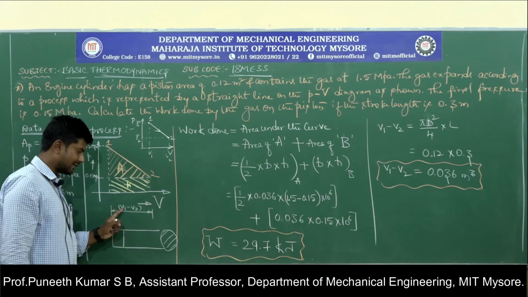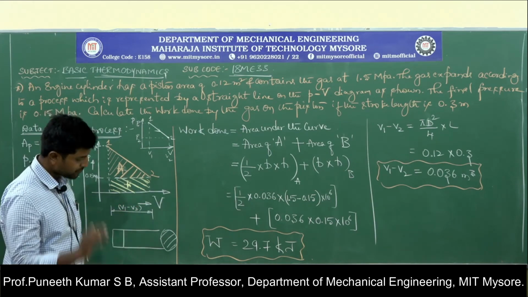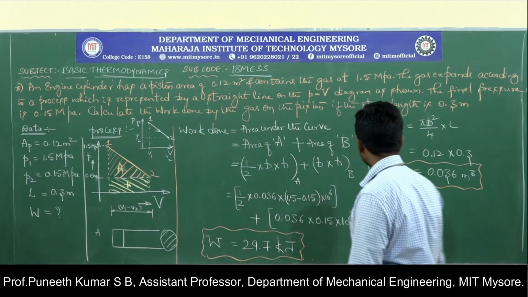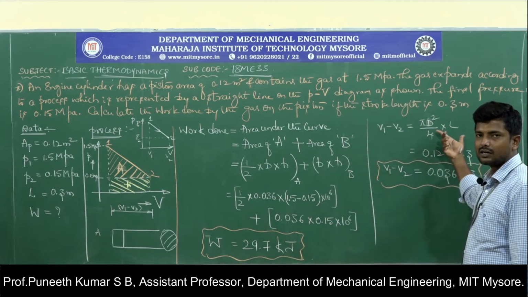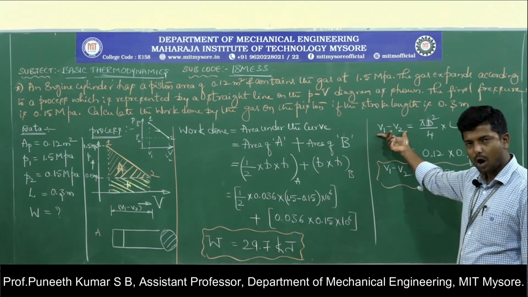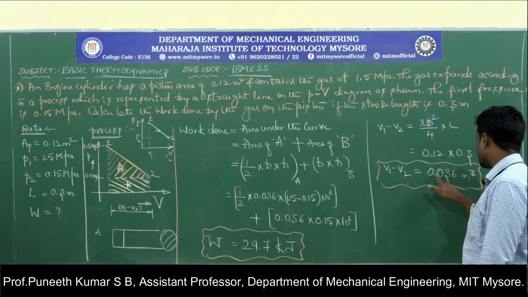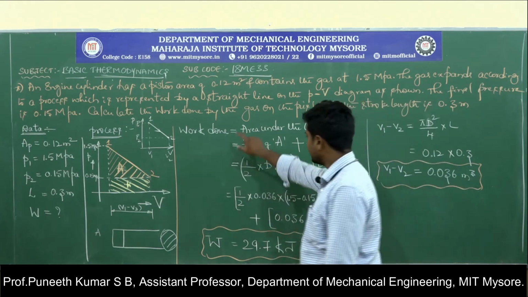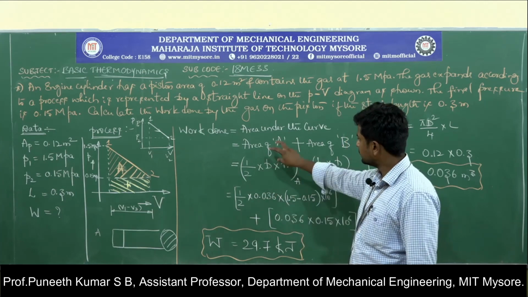The swept volume is nothing but initial volume minus final volume, or the other way of expressing swept volume is pi d square by 4 into L. You can say it either way. This I am calling the breadth of the triangle. By solving this, I got the value as 0.036 meter cube.